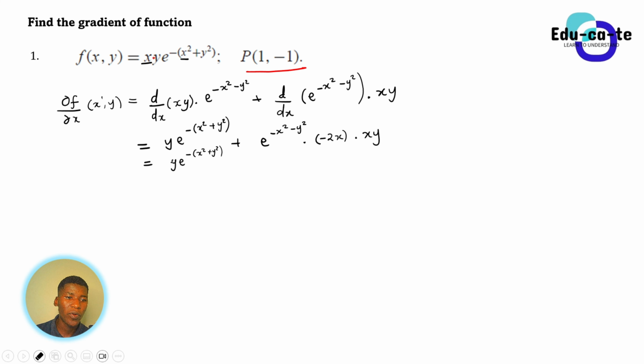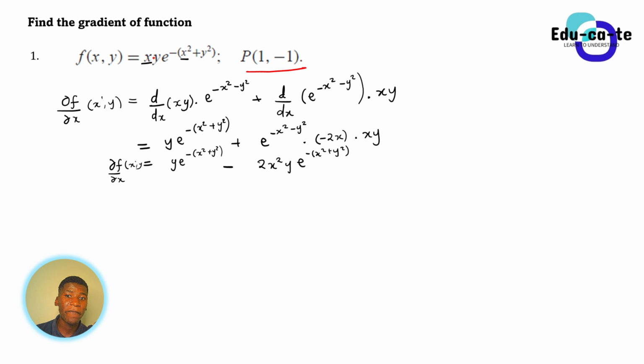So now this gives us minus 2x squared y times e to the power of minus x squared plus y squared. So this is the partial derivative with respect to x. It would have been a lot messier if I had mixed it all together. This is the partial derivative of the function f with respect to x.